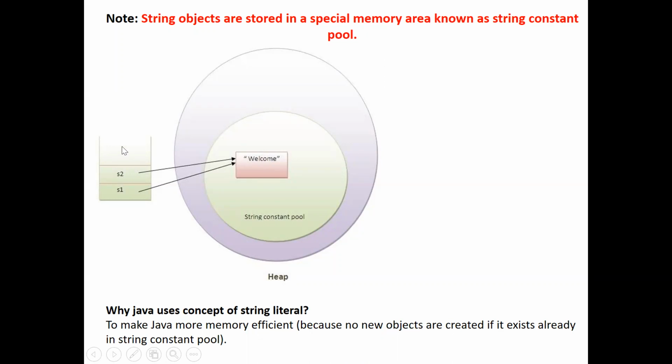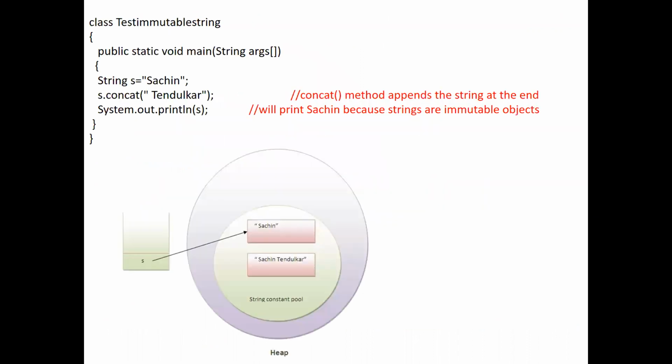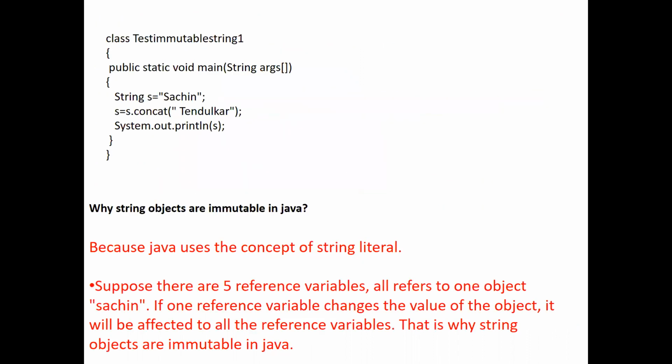The value will be reflected for all other references, because of the string constant pool, which will not create a new object if one is already present. It will just refer to the existing object. Because of that, they did not give the mutable function for strings. Okay, is that clear?